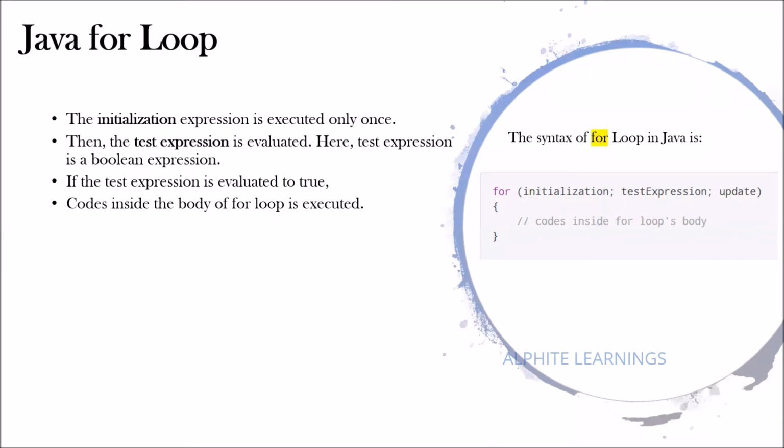The test expression is evaluated, and only if the value is true, meaning the condition is satisfied, then the code inside the loop, the commented line you can see here, will execute. If it is false, the for loop will stop, meaning it will not execute.